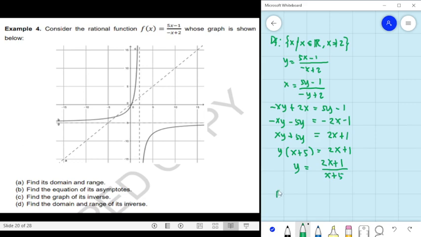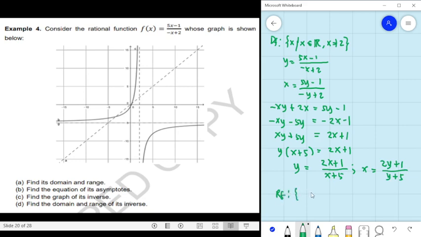So y is equal to 2x plus 1 over x plus 5. Returning to the exchanged form, x equals 2y plus 1 over y plus 5, so y must not be equal to negative 5.